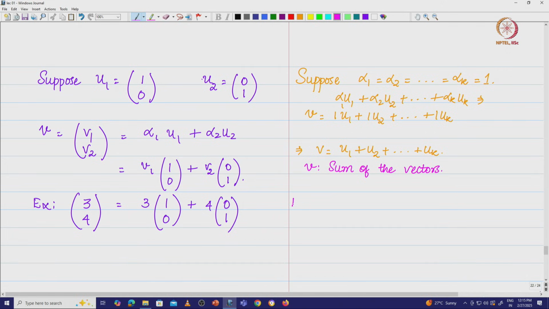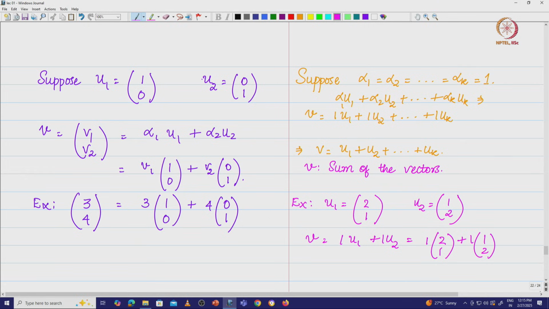Again we can look at an example. Suppose u 1 is the vector 2 1 and u 2 is the vector 1 2. Then V is equal to 1 time u 1 plus 1 time u 2, which is nothing but 1 into 2 1 plus 1 into 1 2, which gives me 3 3, right.